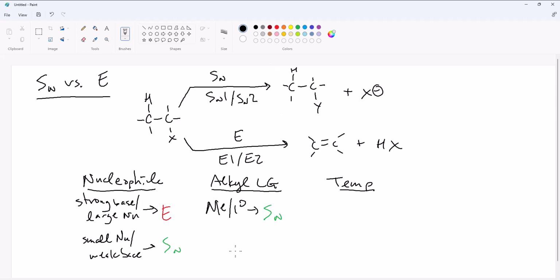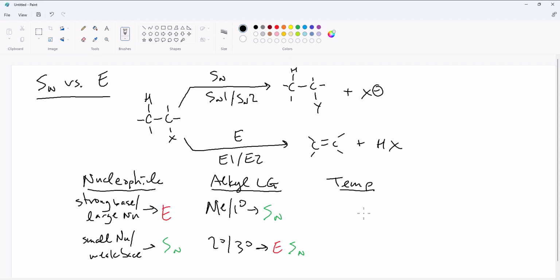And if we have a secondary or tertiary alkyl leaving group, alkyl halide, alcohol, we actually run into the problem that it could do either, and we have to look at other conditions. So we have to look at the nucleophile, we have to look at the temperature of the reaction. So secondary or tertiary can go either way depending on temperature and nucleophile strength.